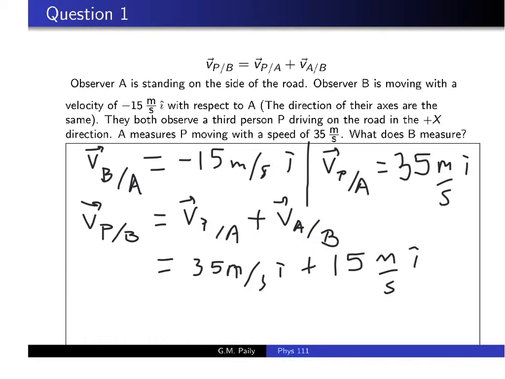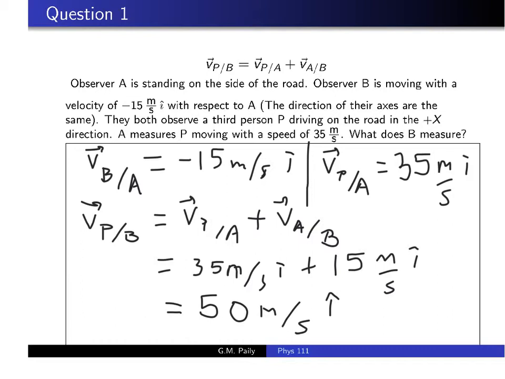Putting this together, we see that P, as observed by B, is moving with a velocity of 50 meters per second i hat.